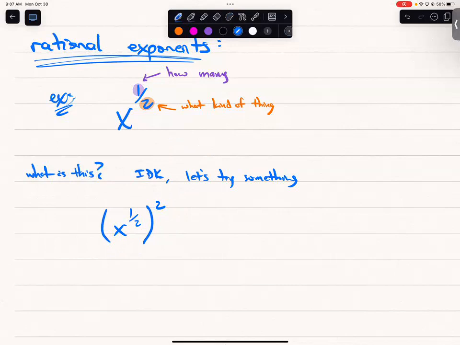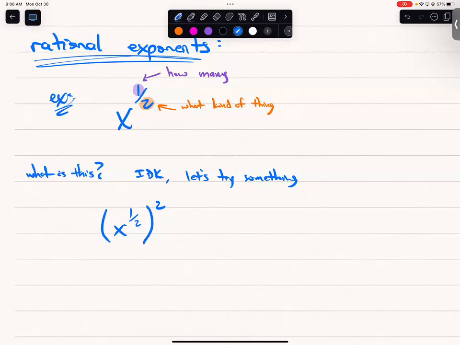By the way, on something like a test question, don't just write IDK and move on with your life. You can write that and say, but I'm going to try something. But when all I see is I don't know, and I don't care to try either, it not only means you're not going to get any credit, but it also means I'm going to be a little bit angry about what's happening. So just try something, do something.